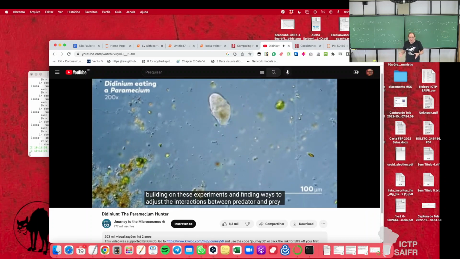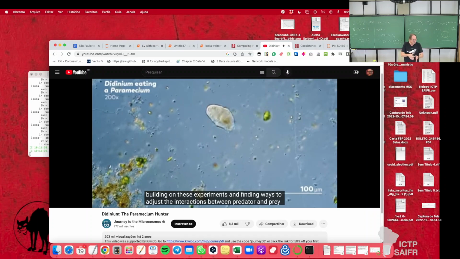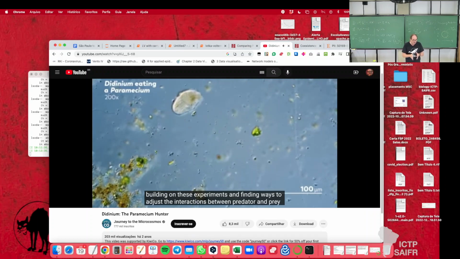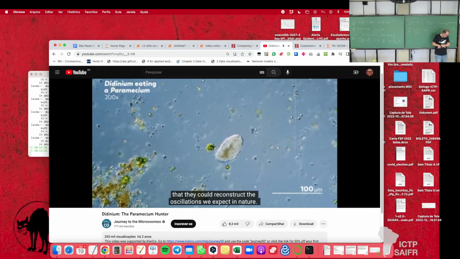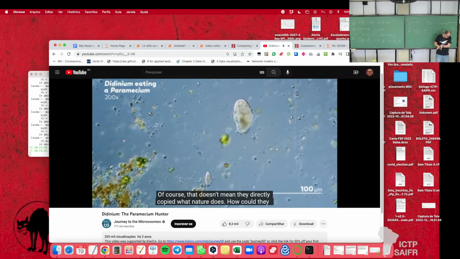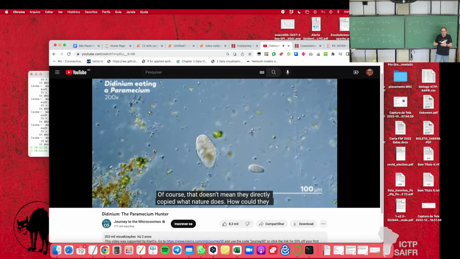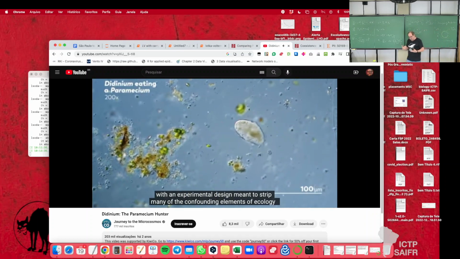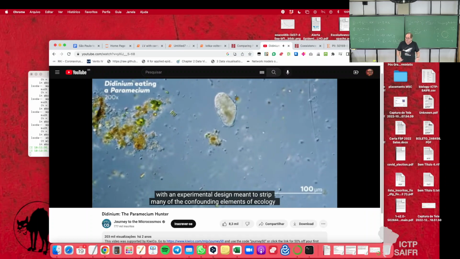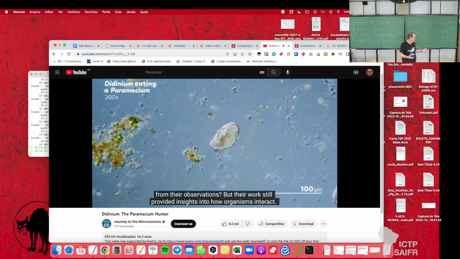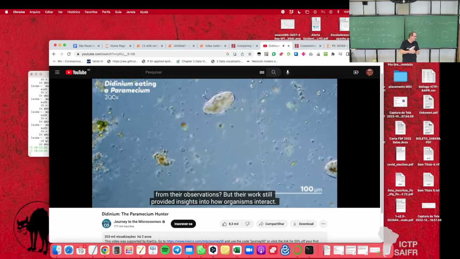But then he also introduced some kind of barrier, which was not a barrier for the paramecium but for the Didinium, and then the system survived because the paramecium had a refuge. A refuge was an explanation.